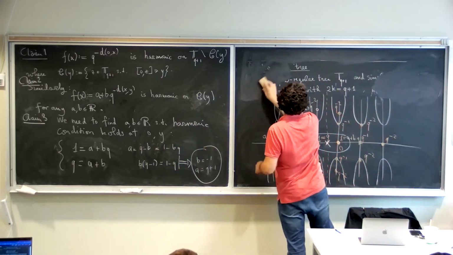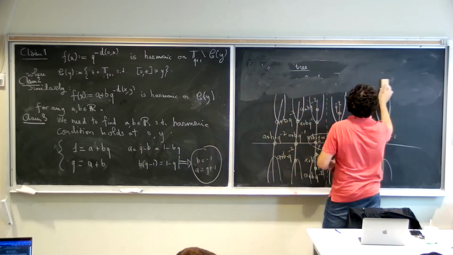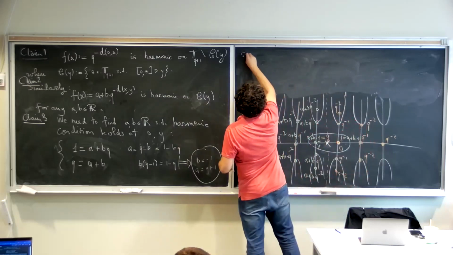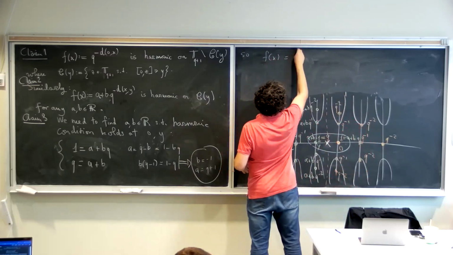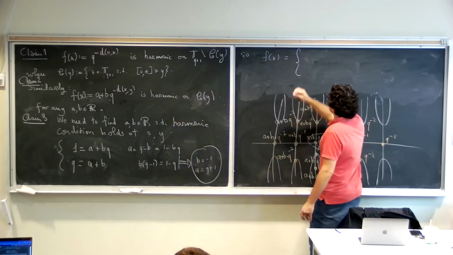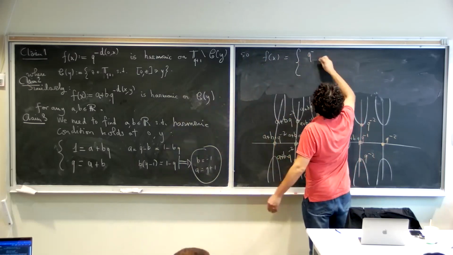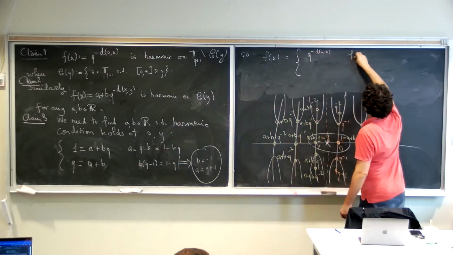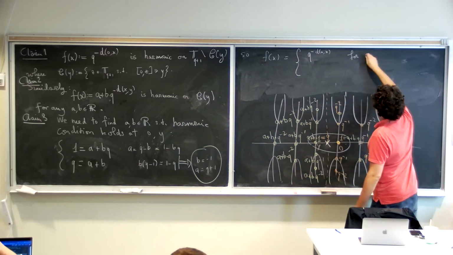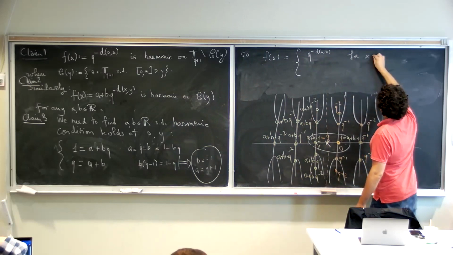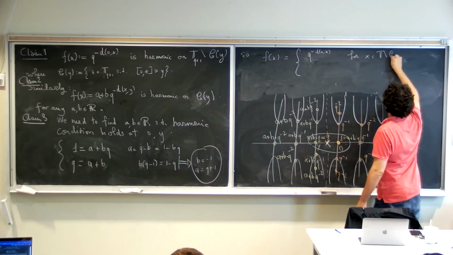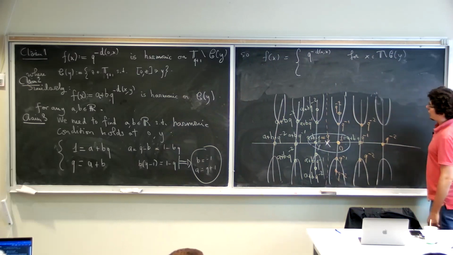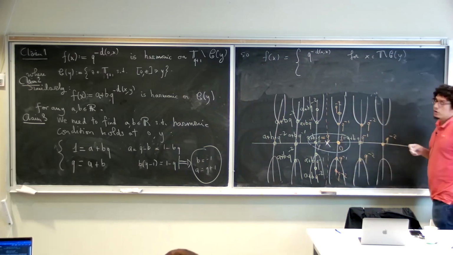And so we can write the formula. So in the end, f of x has to be of the following form. This is q to the minus the distance from O to x, for x in the tree minus the cylinder set of y, so basically on the right hand side of the tree.